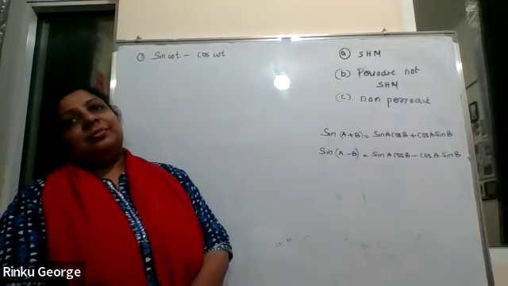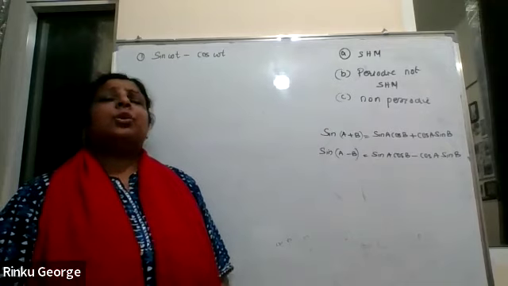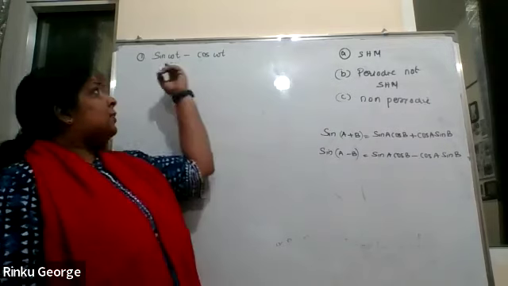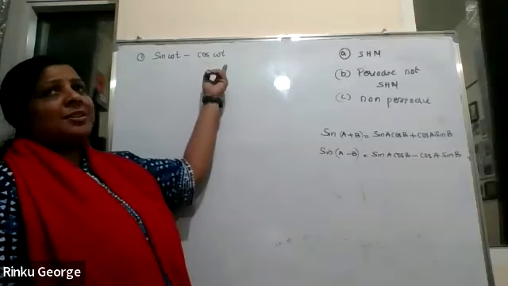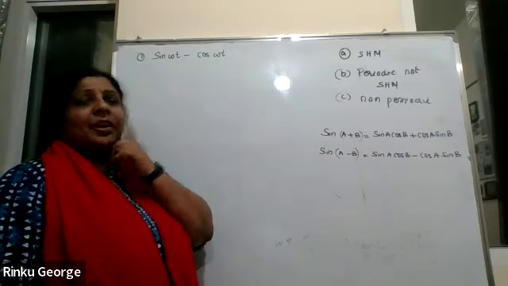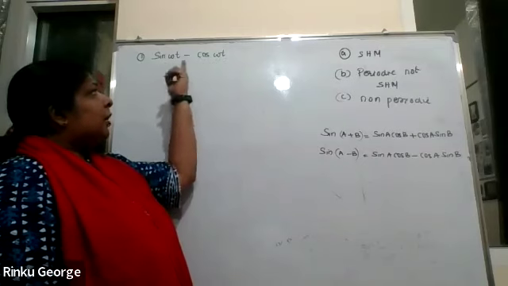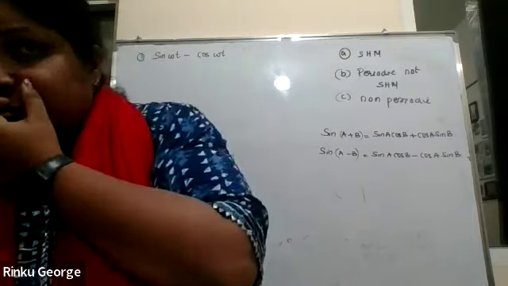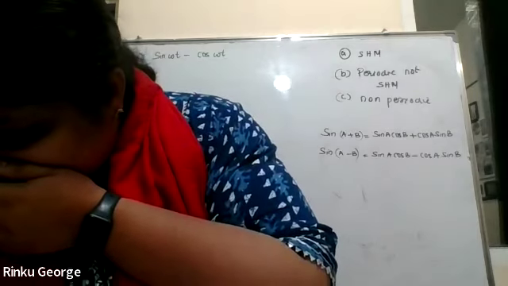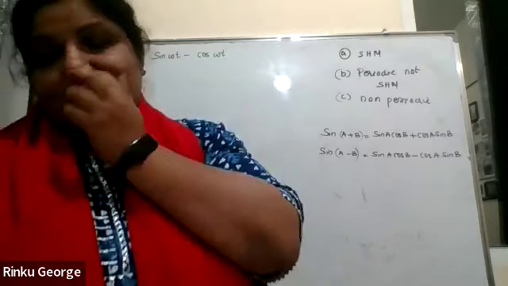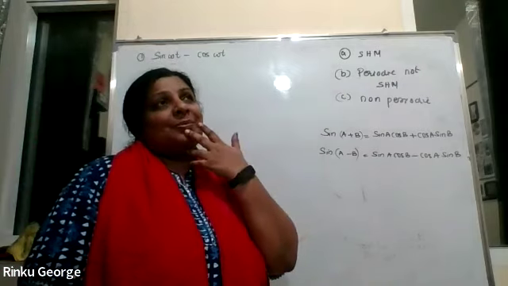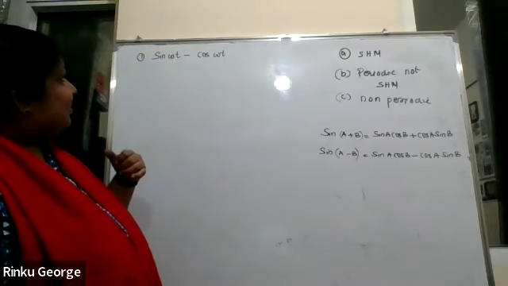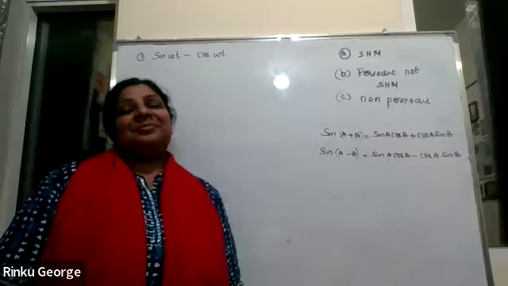You can multiply each term with cos omega t or sin omega t, multiply and divide.